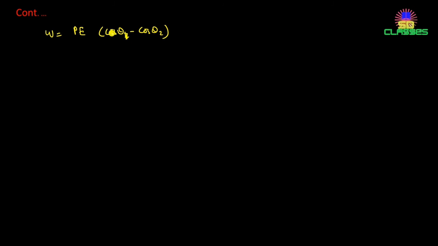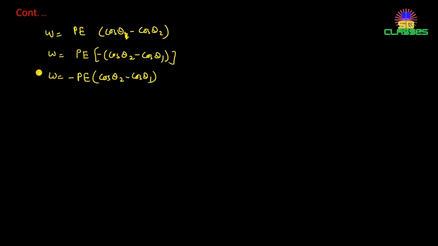So I want to arrange this one. If I take a minus common here, this will be pE times minus (cos theta 2 minus cos theta 1). So theta 2 will come first, then theta 1 will go later because I have taken a minus common here, right? So W will be minus pE (cos theta 2 minus cos theta 1).